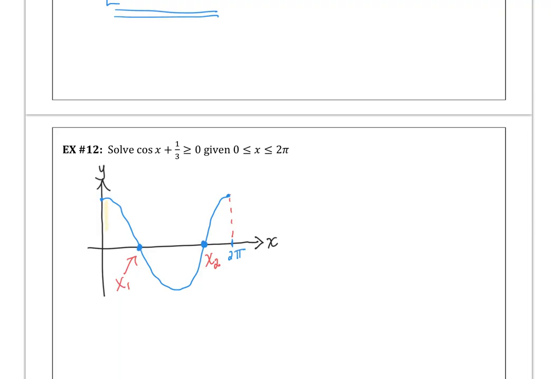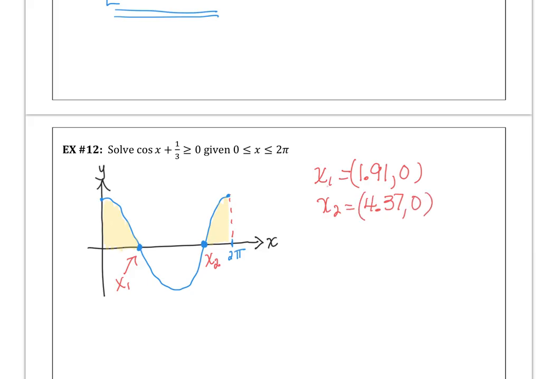So thinking about that, I want this interval here, the function's above the x-axis, and this interval here, and I see my intersection points are at 1.910, and the next intersection point is 4.370.